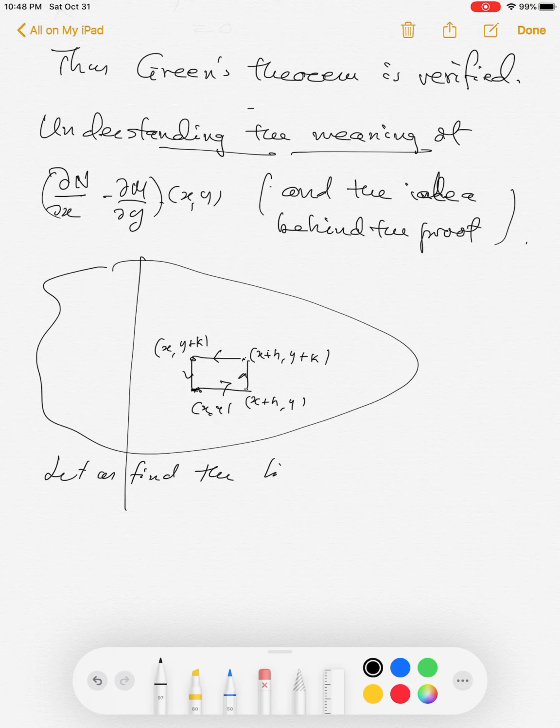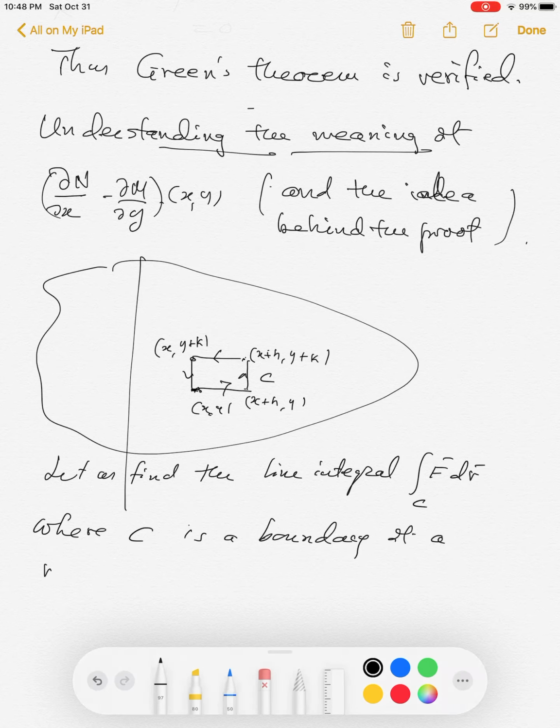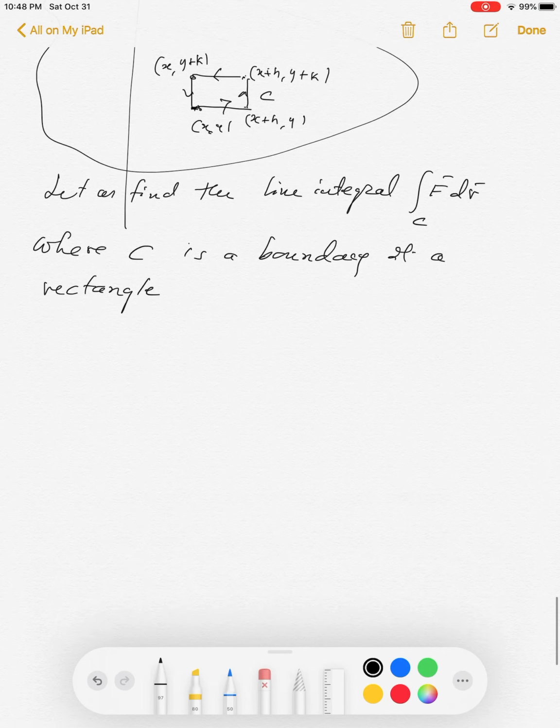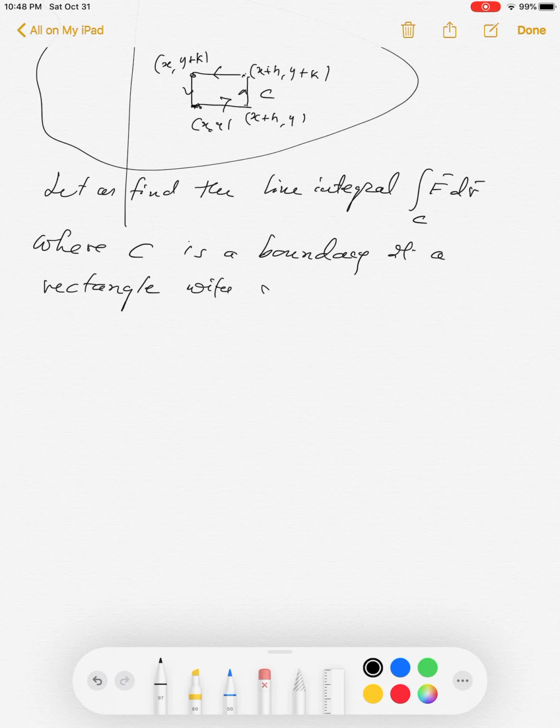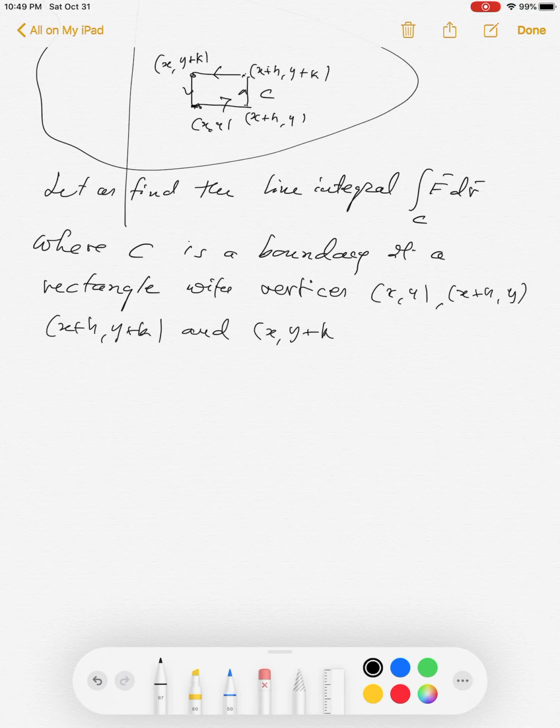And let's calculate the line integral of f bar on this little curve C, where C is the boundary of a rectangle with vertices (x, y), (x plus h, y), (x plus h, y plus k), and (x, y plus k).